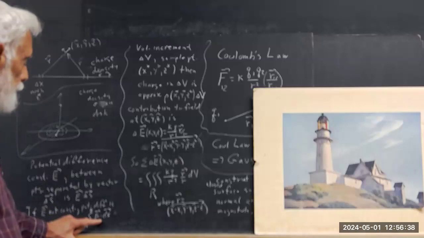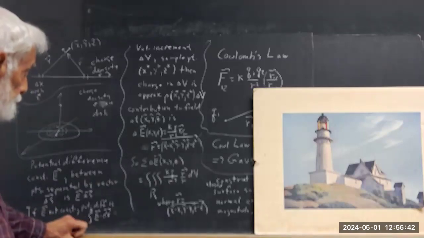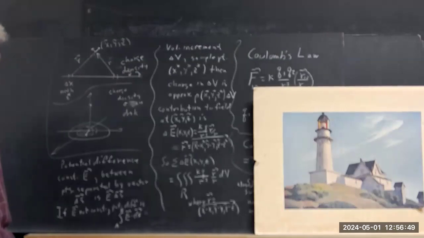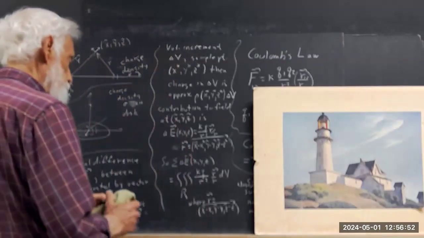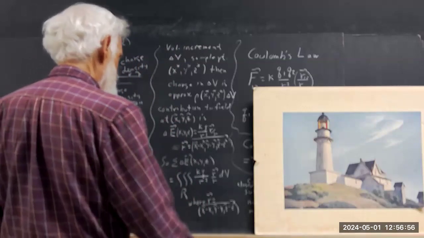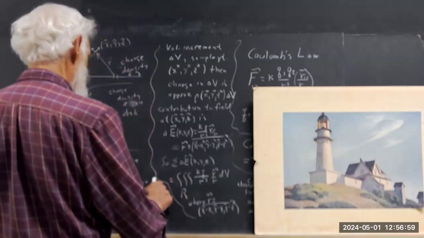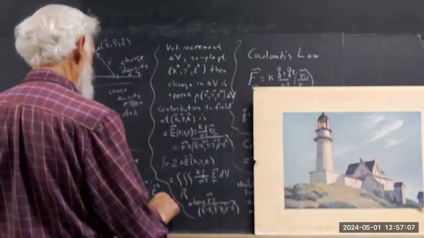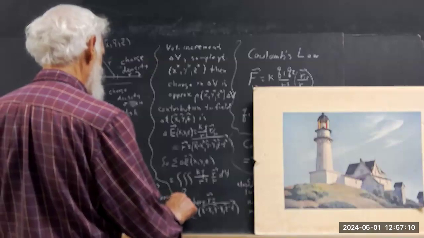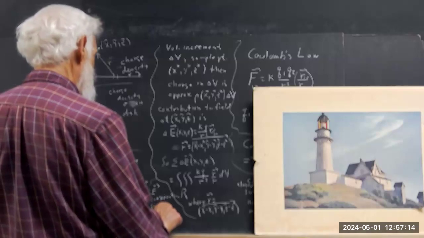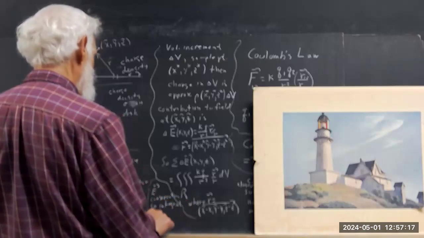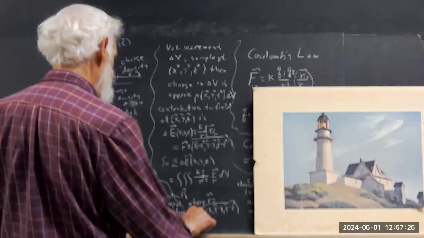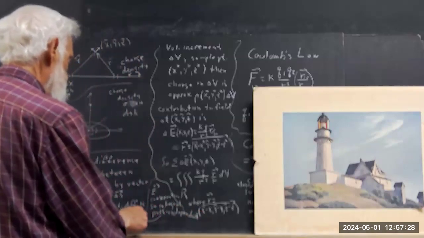It's the integral from A to B of E dot ds. There's not a good place to do it, so I'm going to squeeze it in here. I said E, the electric field, is conservative.